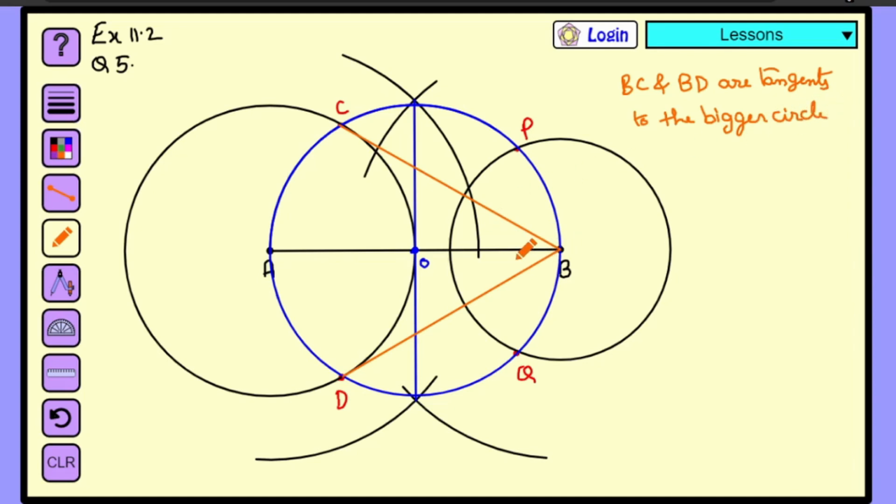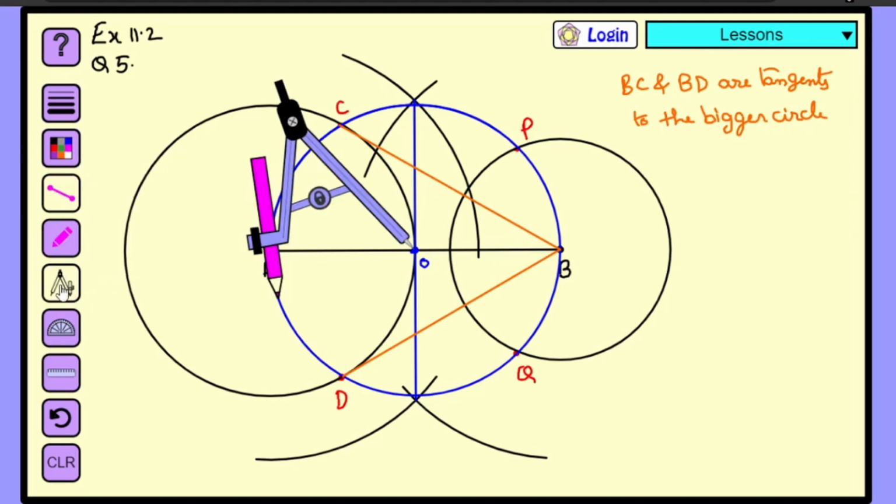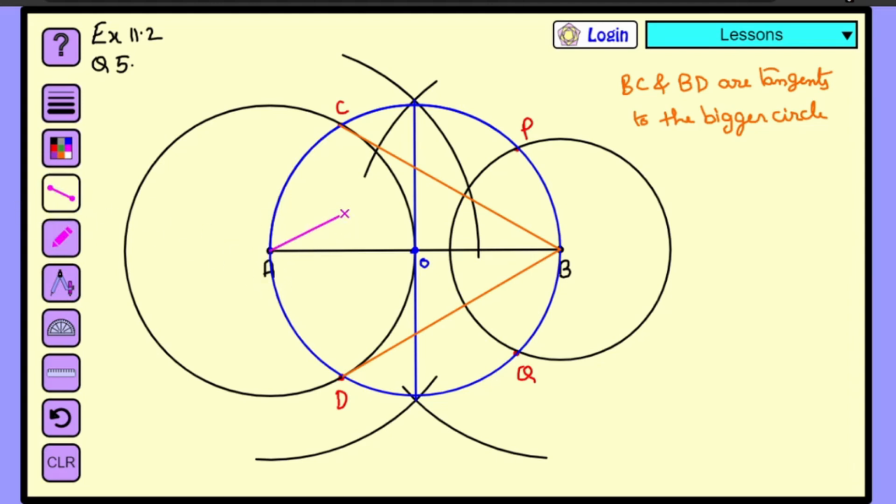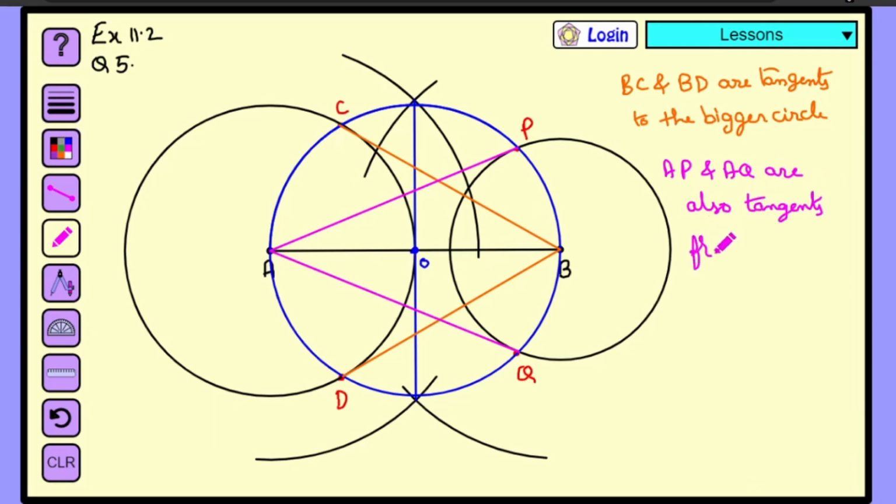In the same manner, if I join A and P and A and Q, these two also act as tangents to the smaller circle from the external point A. So AP and AQ are tangents from A to the smaller circle.